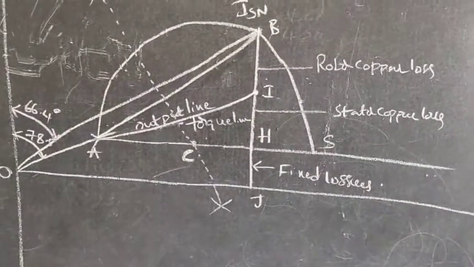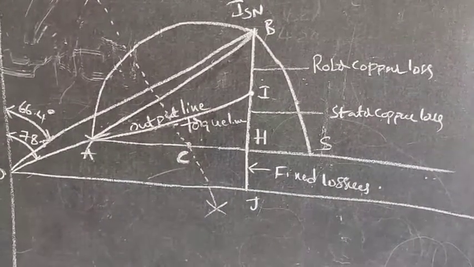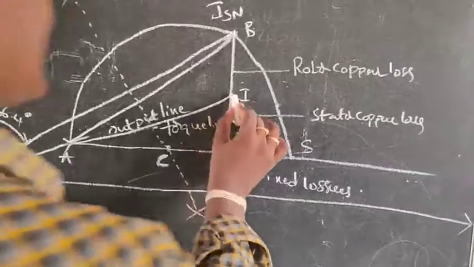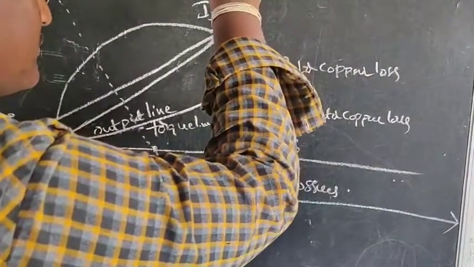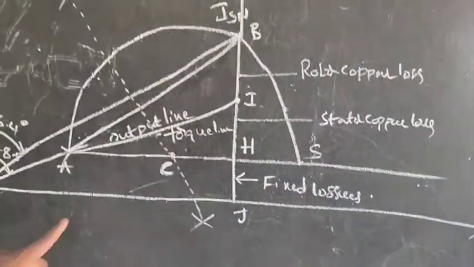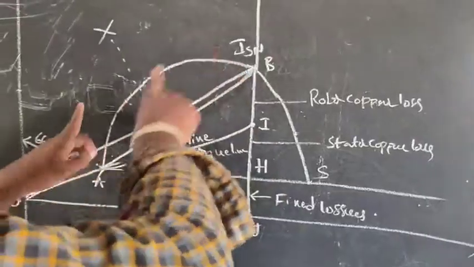So after that, I am following the procedure I discussed in previous classes. You have to follow this one. Draw a line that is parallel to the output line and touches the semicircle.